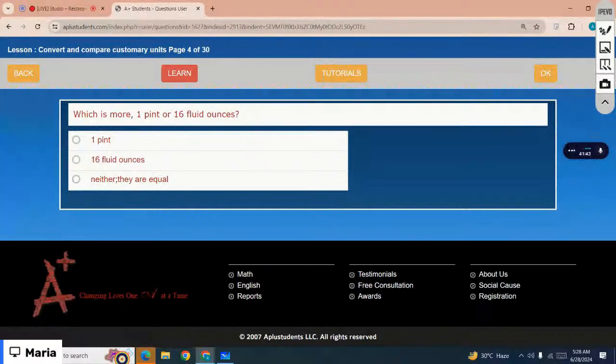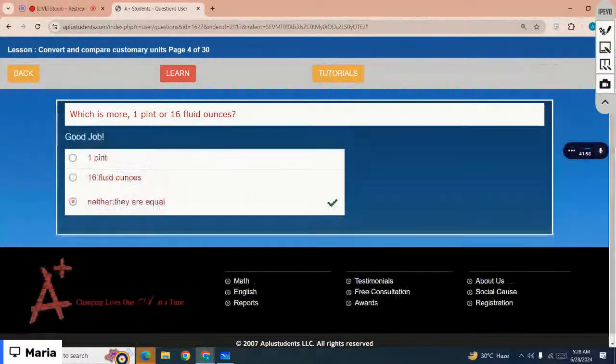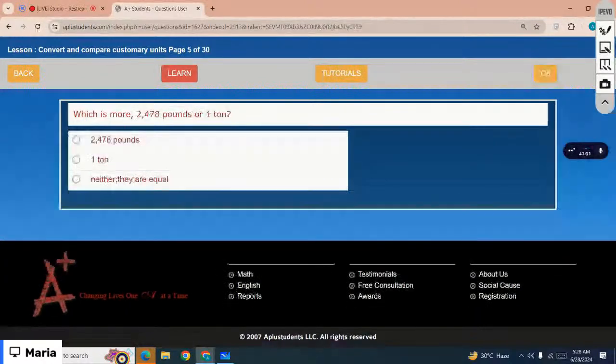I think they are exactly equal, right? 1 pint equals 16 fluid ounces. So they are equal, you see. Yes, they are equal.